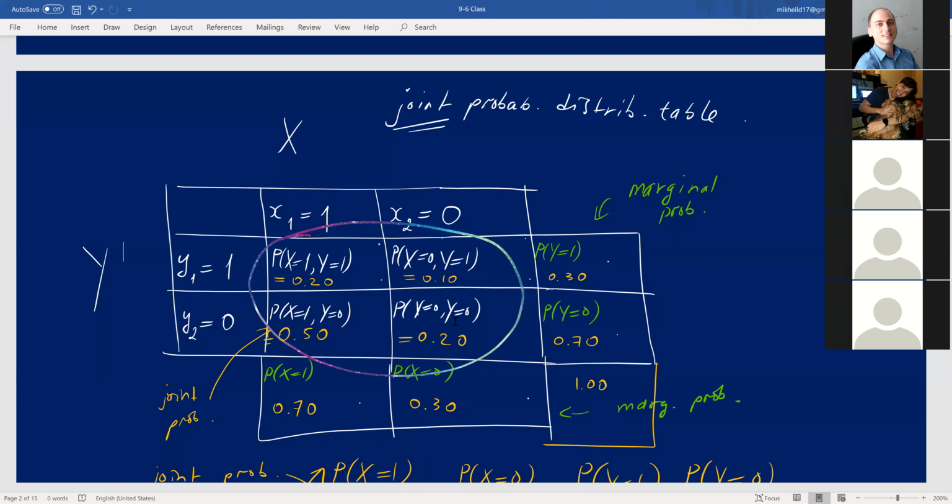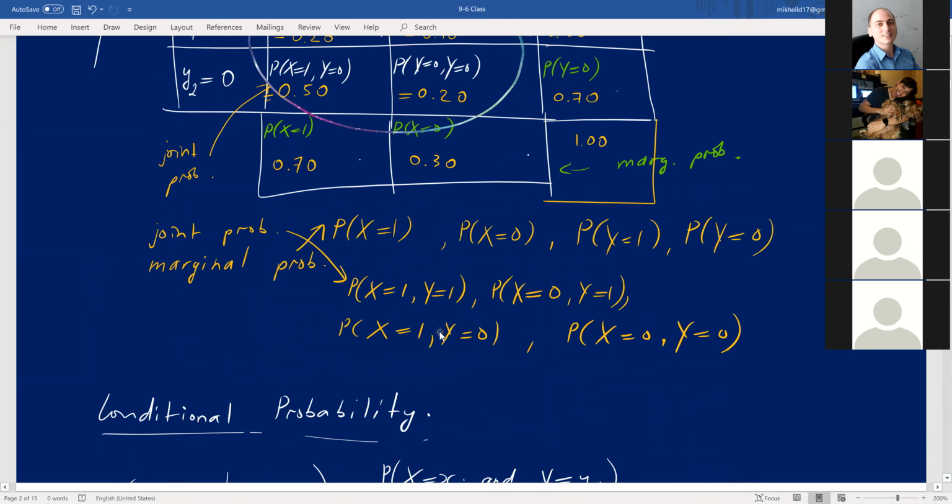Would it be 0.2? No, because this table, as I already said, only lists probabilities that are joint or marginal. We don't have anything about conditional probability here. In the inner rectangles, we have joint probabilities, and on the sides we have marginal.